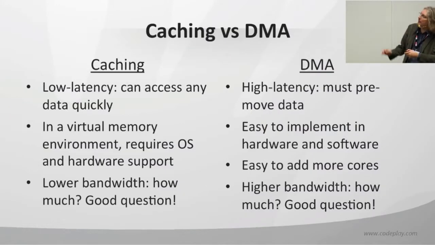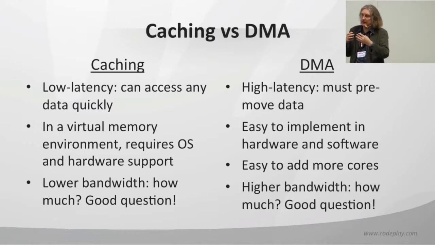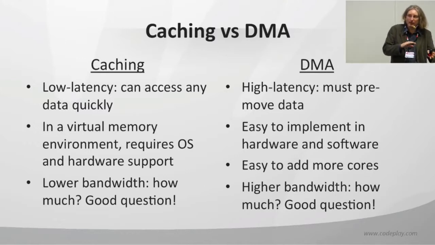So the differences are that DMA is very high latency because you've got to pre-move all of your data, whereas caching is very low latency, so you can access data quicker. But caching in a virtual memory environment requires a lot of support in the operating system.